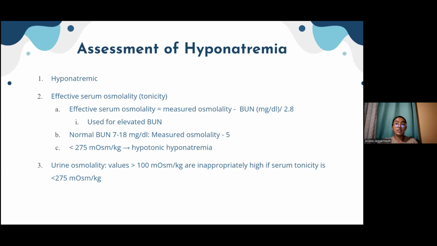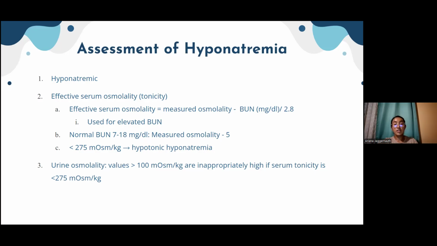In cases where the patient has a normal blood urea nitrogen, it's calculated by measured osmolality minus 5. If the effective serum osmolality is less than 275 milliosmoles per kilogram, that is considered to be hypotonic hyponatremia.